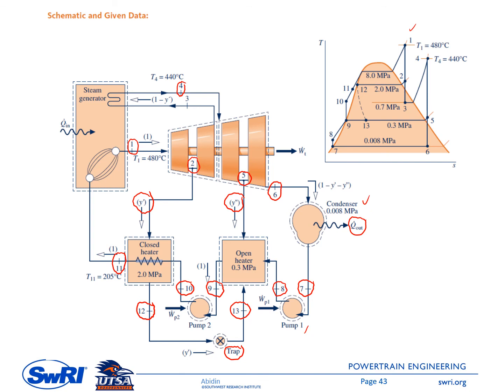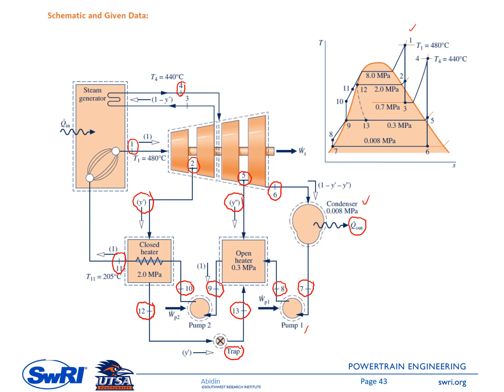And then you can check where is the location of state number 2. If S2 is larger than SG at 2 megapascal, then state 2 is on the superheated side. Otherwise, it will be inside the dome.